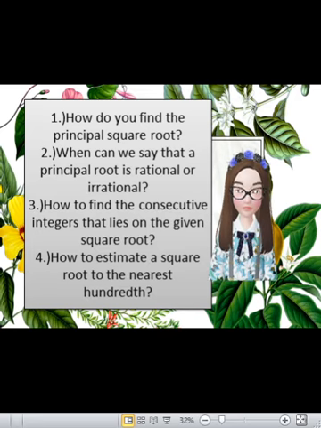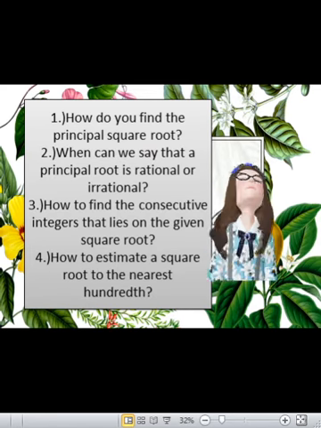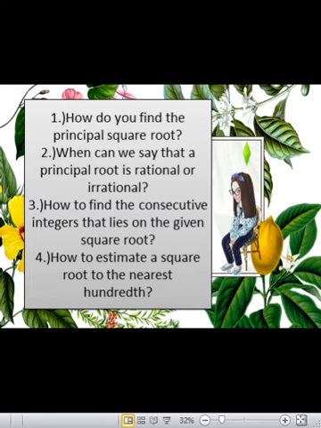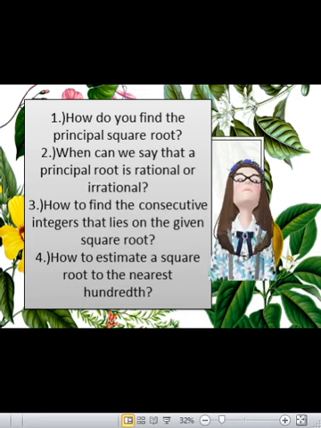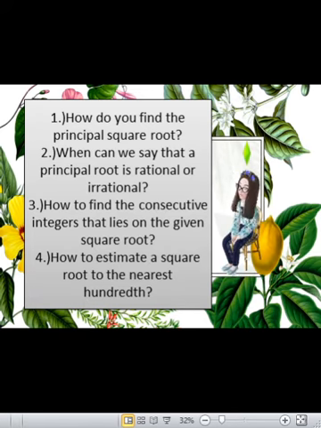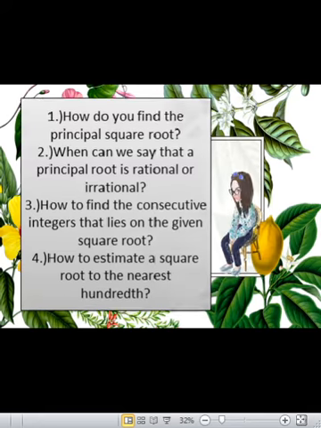Next, how to find the consecutive integers that lie on the given square root? And lastly, how to estimate a square root to the nearest hundredth? So that is not yet your quiz, just a guide question on how to find those examples.